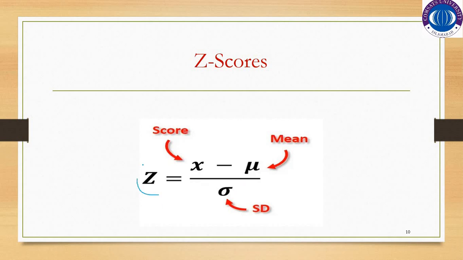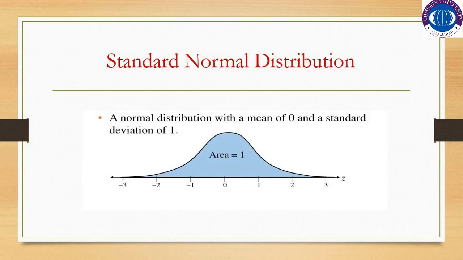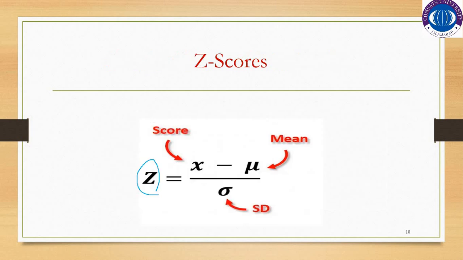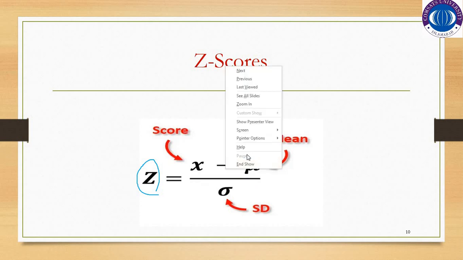So now you have a new random variable z, the Z-scores. Now what will happen when you subtract the mean and divide by the standard deviation?